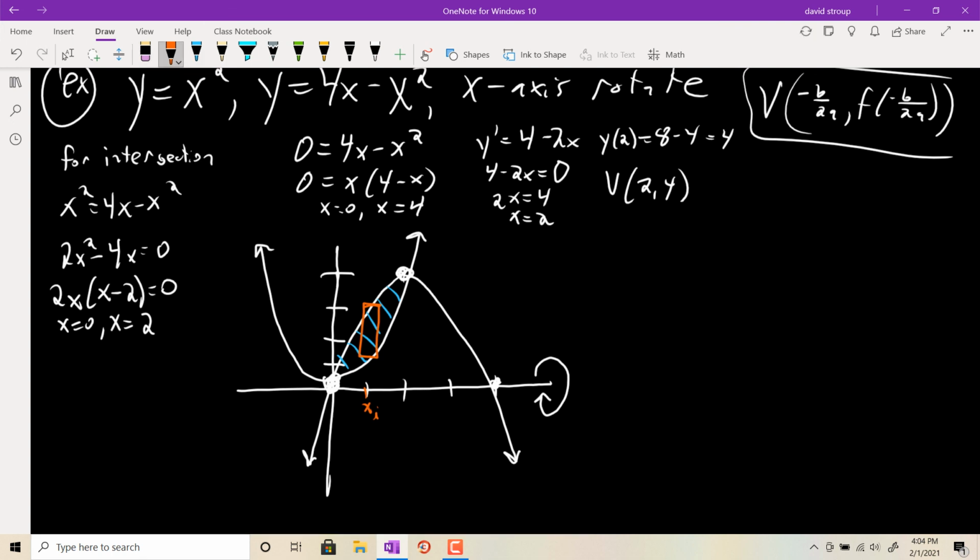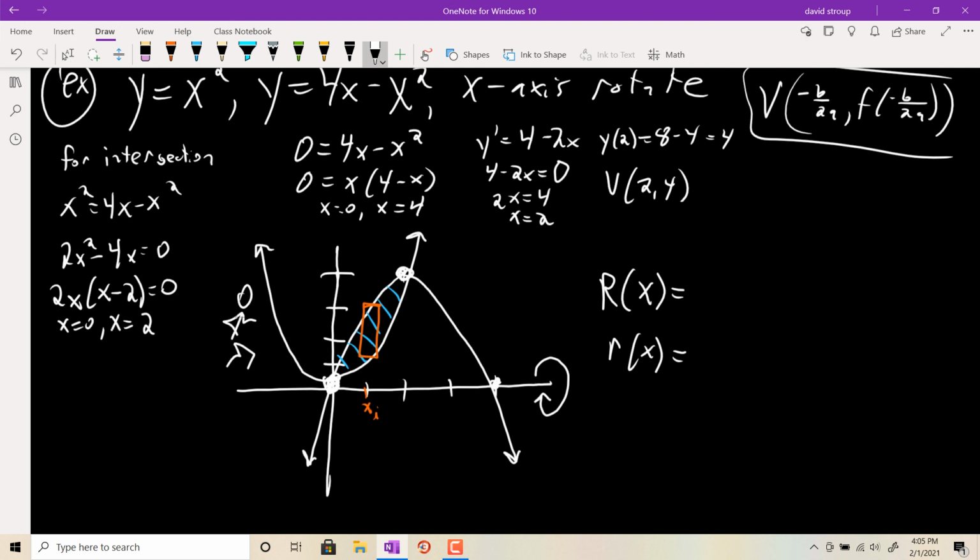We'll need a big R of x, a big radius, and then a little radius. The big radius is variable. The little radius is also variable. And the base is on the x-axis, so you could tell the heights are going to be functions in terms of x.